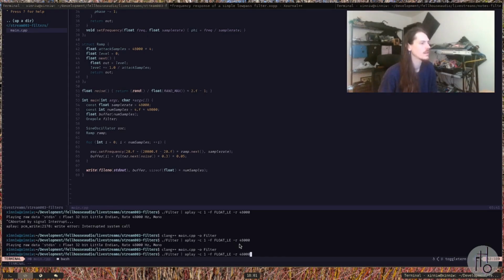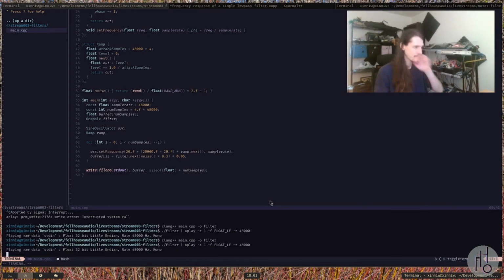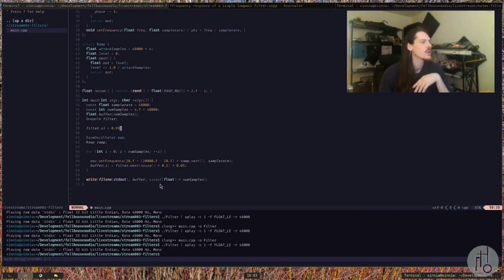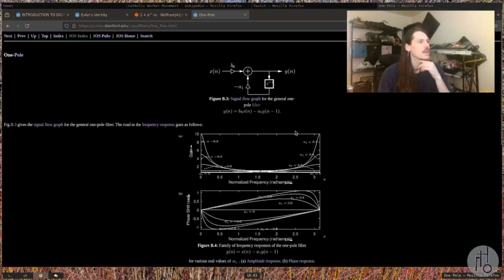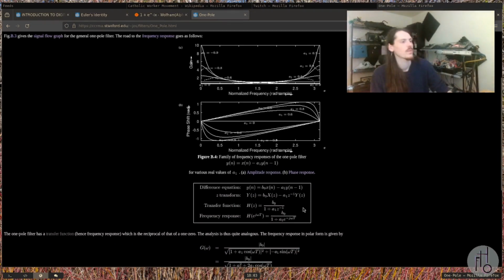All right. If we look at the frequency response of this one-pole filter, here it is. We can see that we get b0, which is what we're scaling the input signal by, over 1 plus a1 e to the negative i omega t.